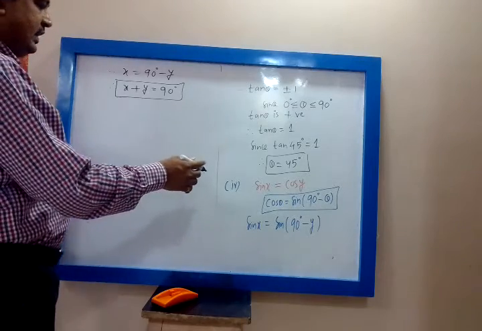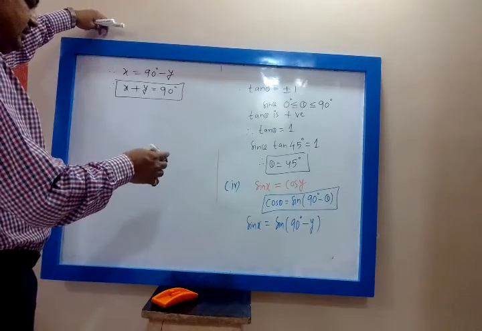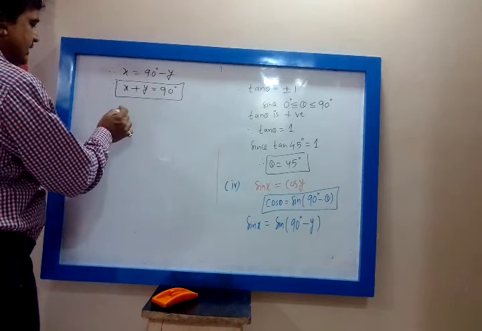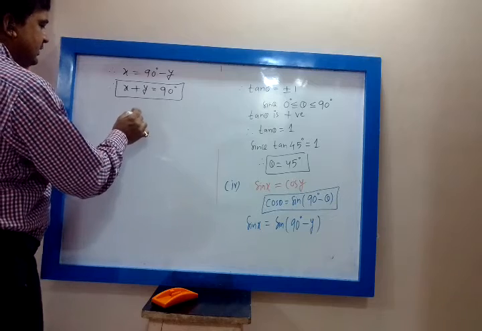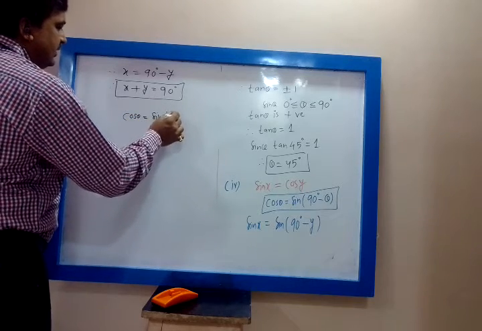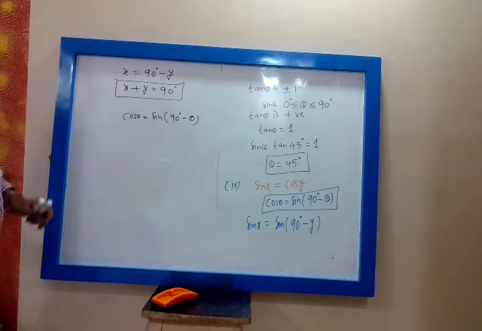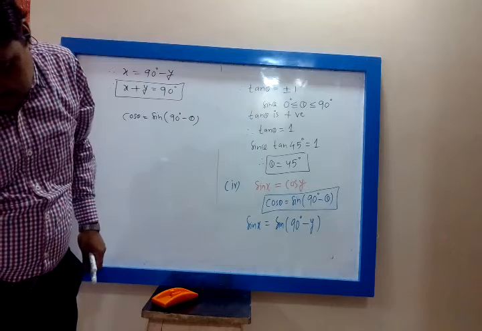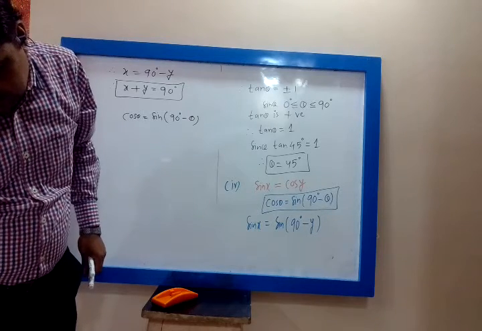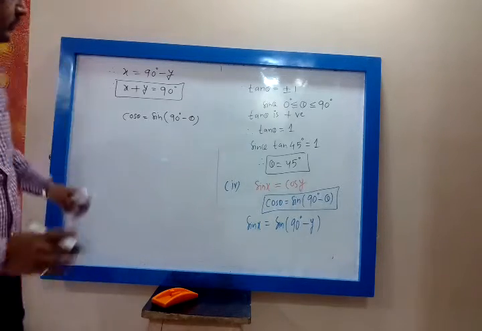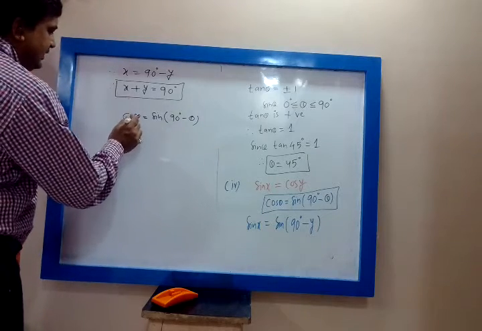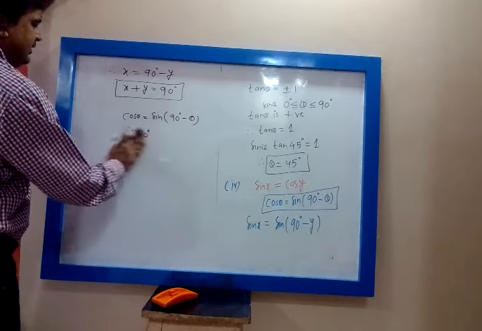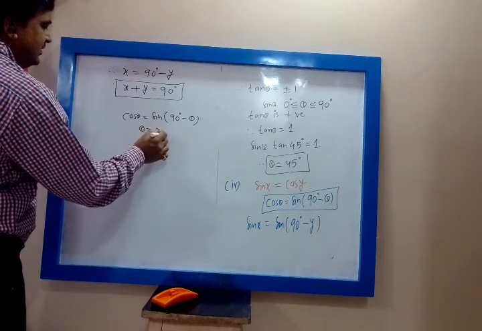Cos theta is sin 90 degree minus theta. See, we have used this result. You can verify this result.